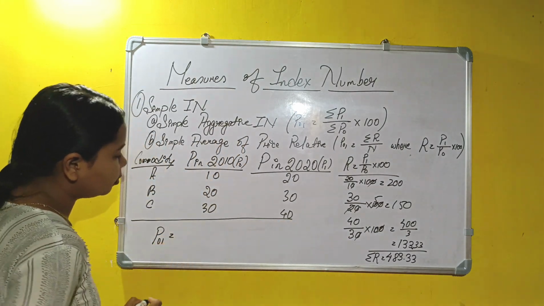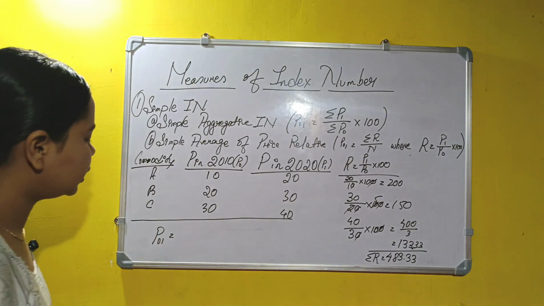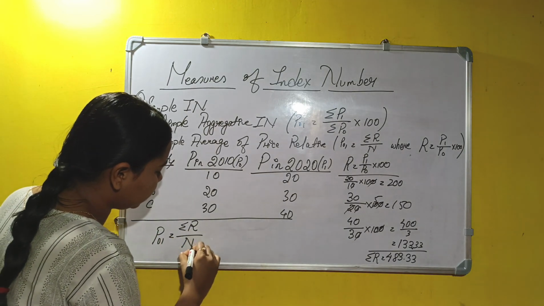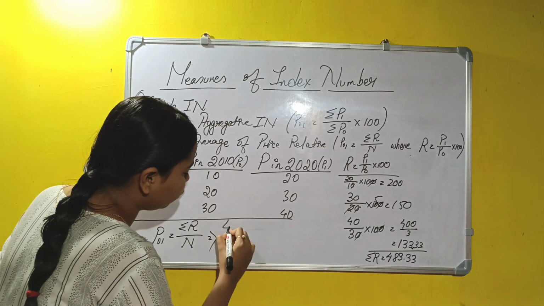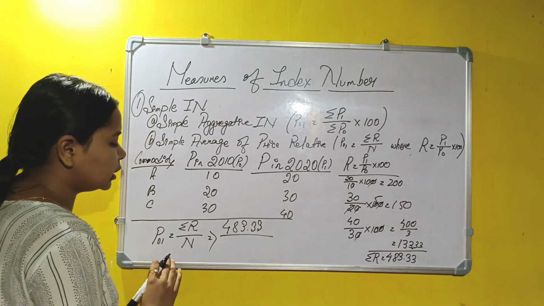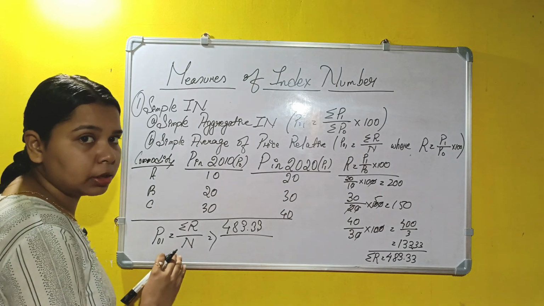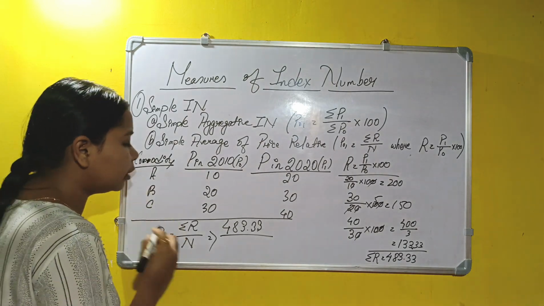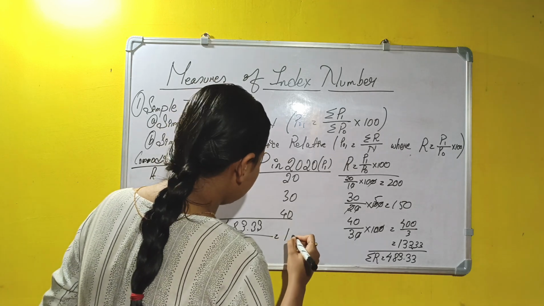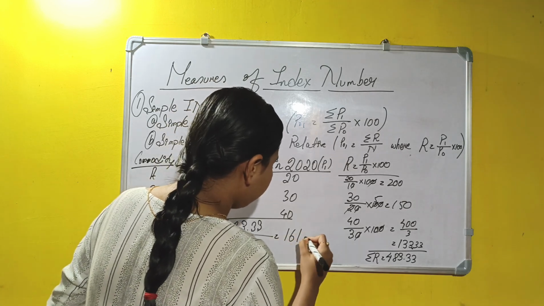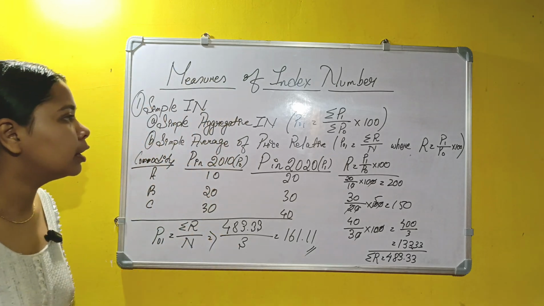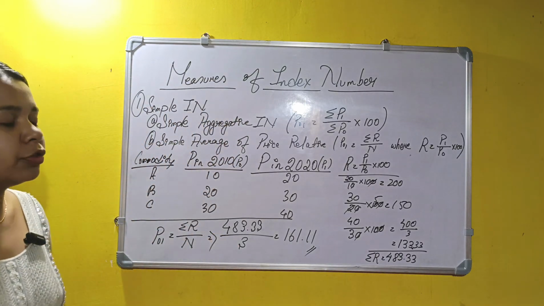For simple average of price relative, P naught 1 is equal to summation of R divided by N. So R is 483.33, and N is the number of commodities, number of observations. Here we have 3 commodities. So if you simply divide it, we will have 161.11. So finally this is the answer for the simple average of price relative.